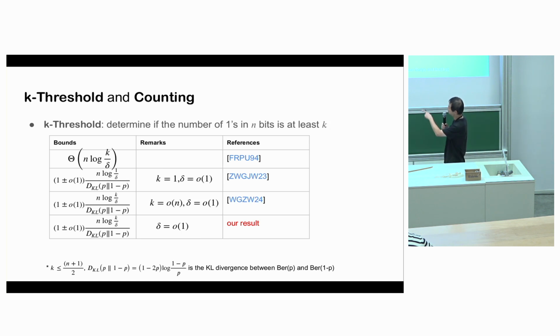Basically, the final result is something almost close to 1 times n times log k over delta, divided by the KL divergence between the two Bernoulli distributions with head probability p and 1 minus p. Except the previous results only work for special cases, like the case where k equals 1, or maybe k is small. Here we basically get the result for essentially all the cases. So we get this pretty tight bound.